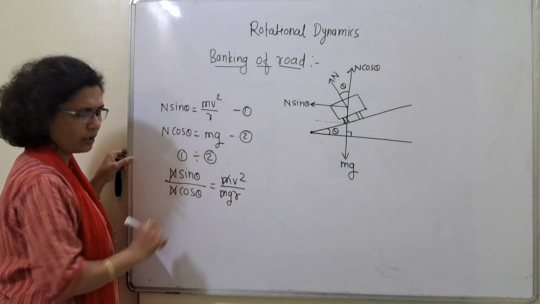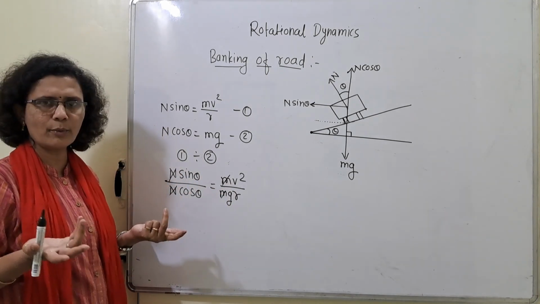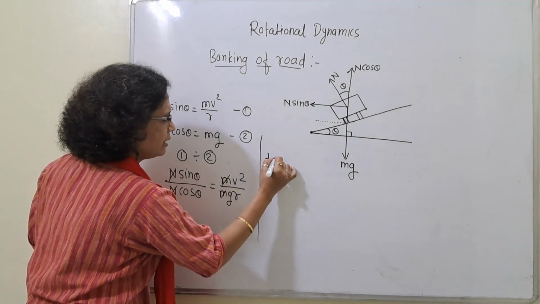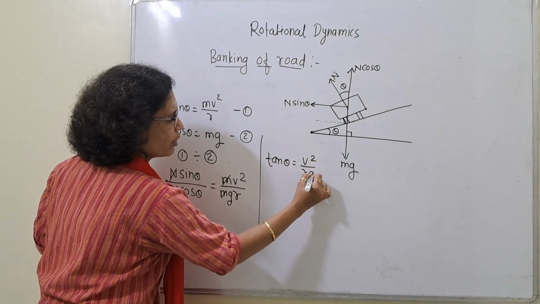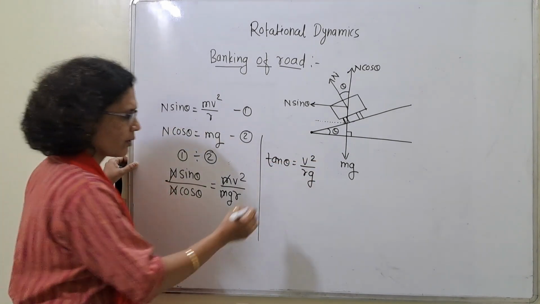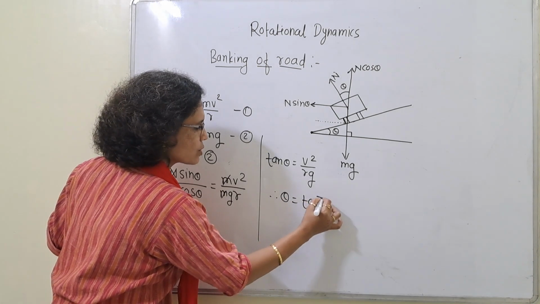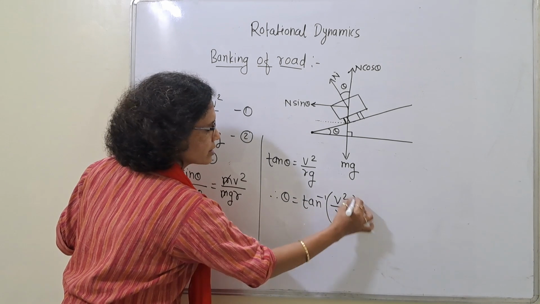V square upon rg. And what is sin theta upon cos theta? Sin theta upon cos theta is nothing but tan theta. So, tan theta is equal to V square upon rg. Therefore, theta is equal to tan inverse of V square upon rg.